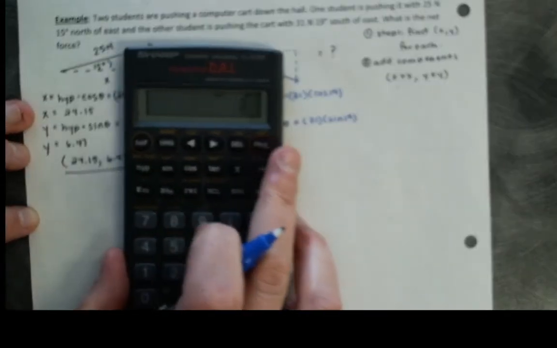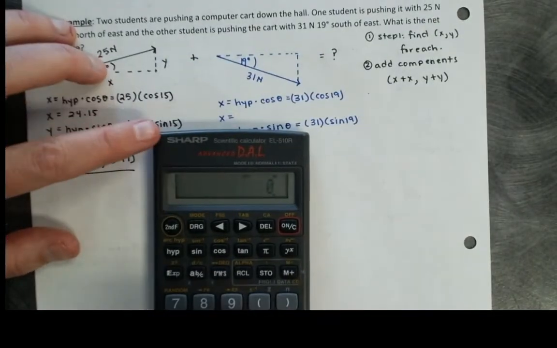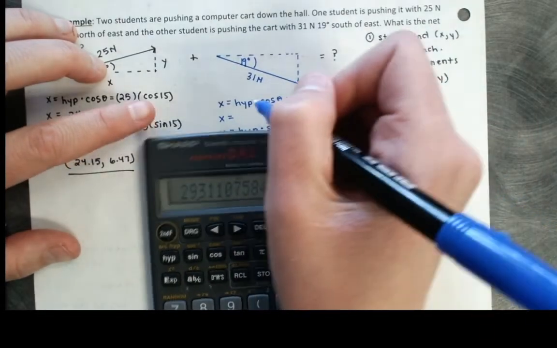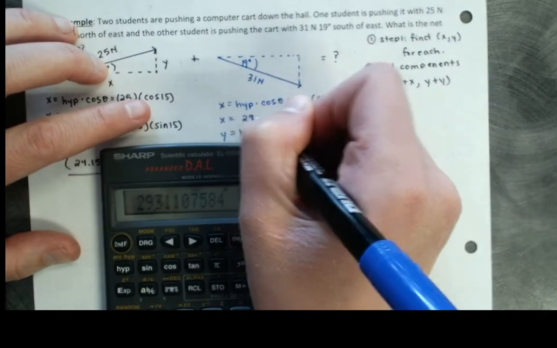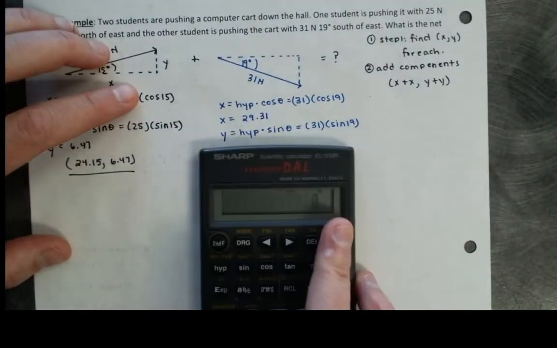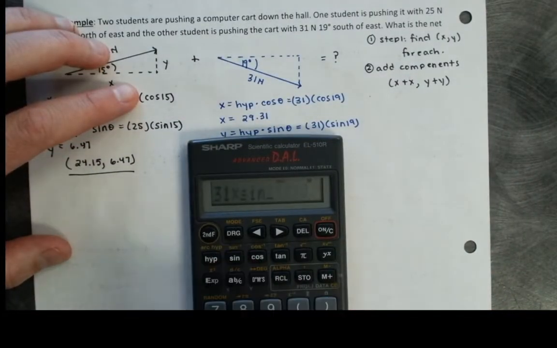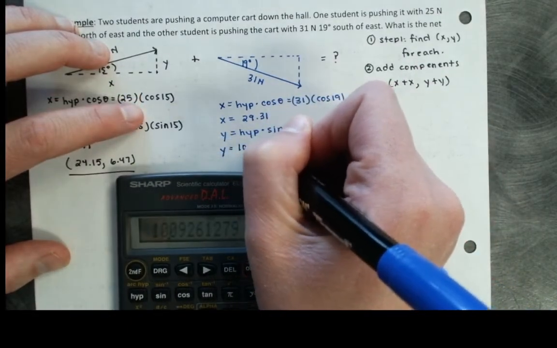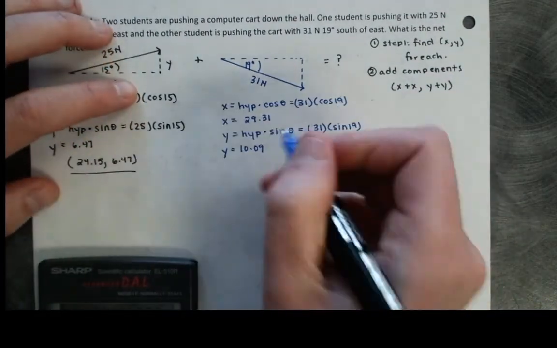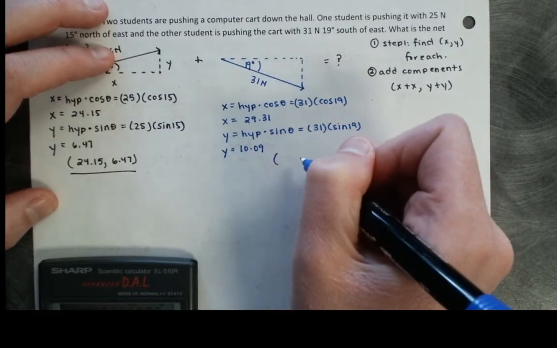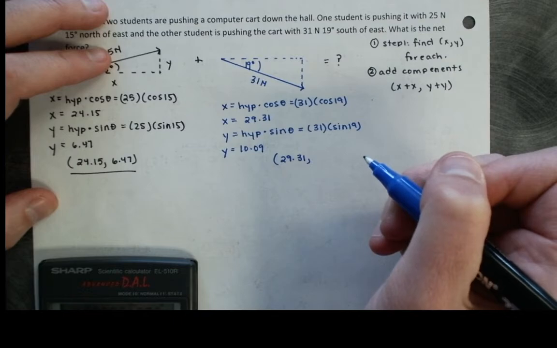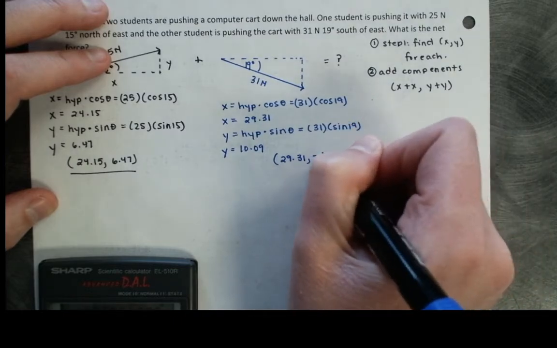Okay, let's punch this into our calculator. 31 times cos 19 gives us 29.31. 31 times sine of 19 gives us 10.09. Our x component is to the right, so it is positive. Our y component is down, so it is negative.